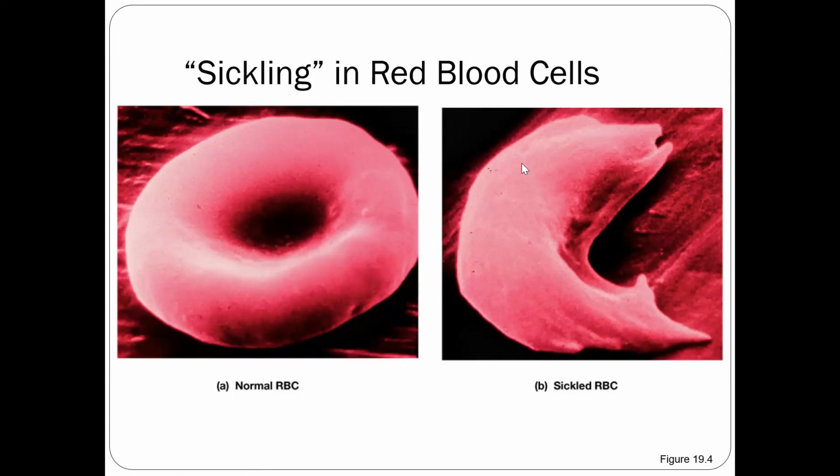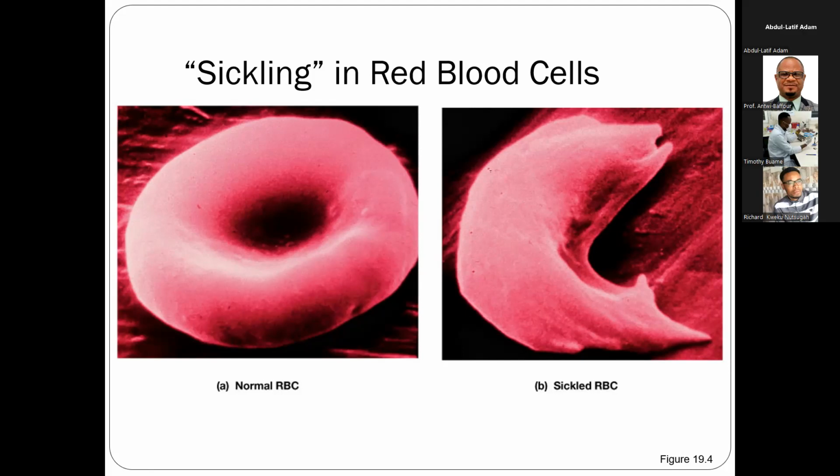But the sickled ones are not malleable. It is just like a sachet of water on one side and a frozen sachet of water, or one about to freeze, on the other. You can manipulate the one that has not frozen, but you cannot manipulate the frozen one. And so the vessels will be clogged with red blood cells.